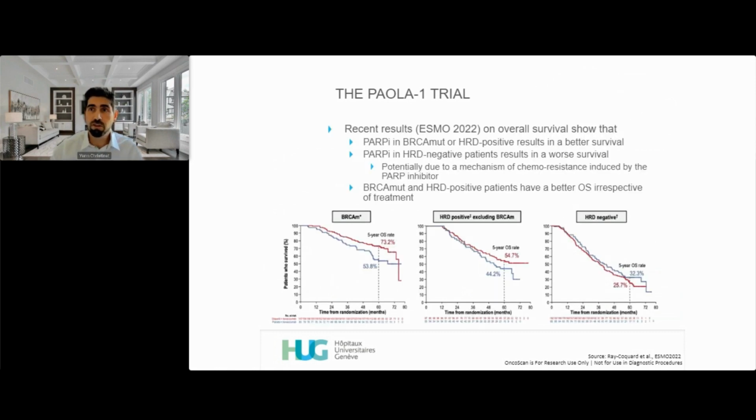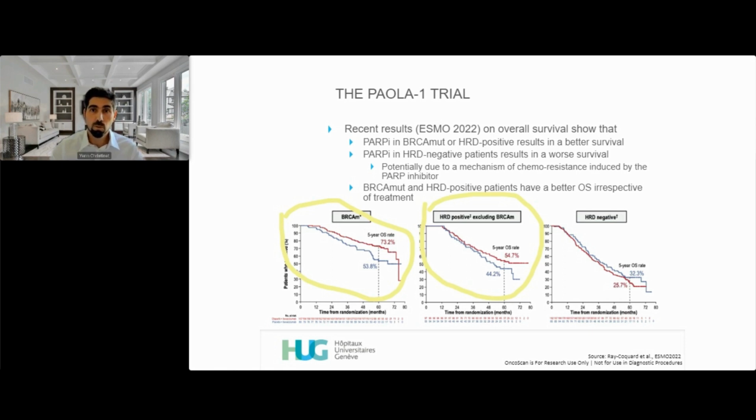Recently, they also published the results on the overall survival, not just the progression-free survival. And there we could see that the benefit in the BRCA mutated population, which is here, is still there. It's also still here in the BRCA wild type but HRD positive, even though it's a bit less, but as expected from the PFS.